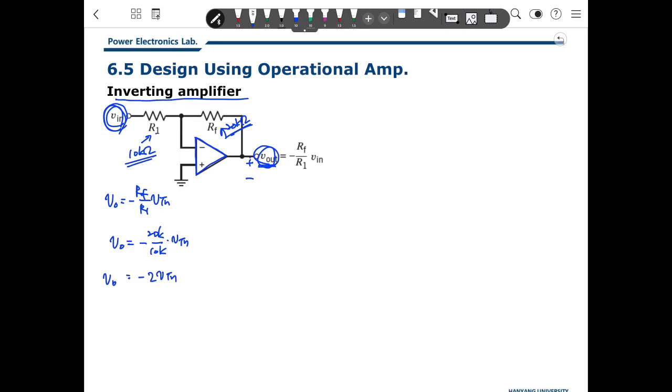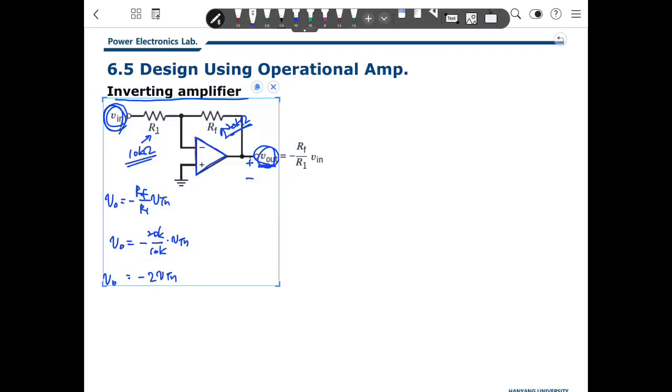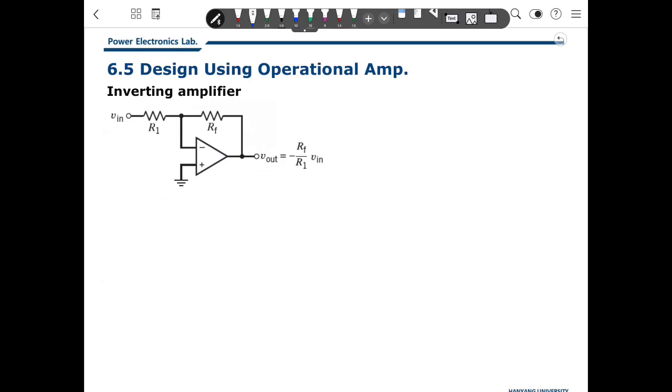So here, I will try to show why we get this relationship based on the op-amp analysis. You have the op-amp, then at first what should we do? We define the variables: V minus and V plus, this current is I minus, and this current is I plus.